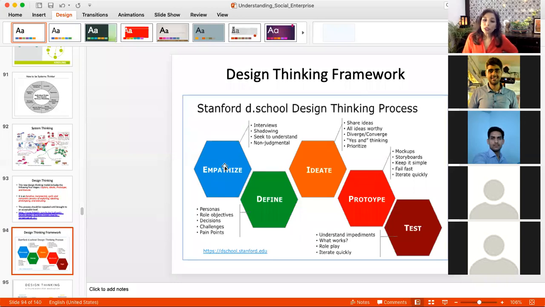So if you look into these boxes, that is first empathy, then define, ideate, prototype, and test. Now, what is empathizing? Empathizing is a method by which you personally can experience what the other person is experiencing. For example, the pain of the people who are going through some illnesses.